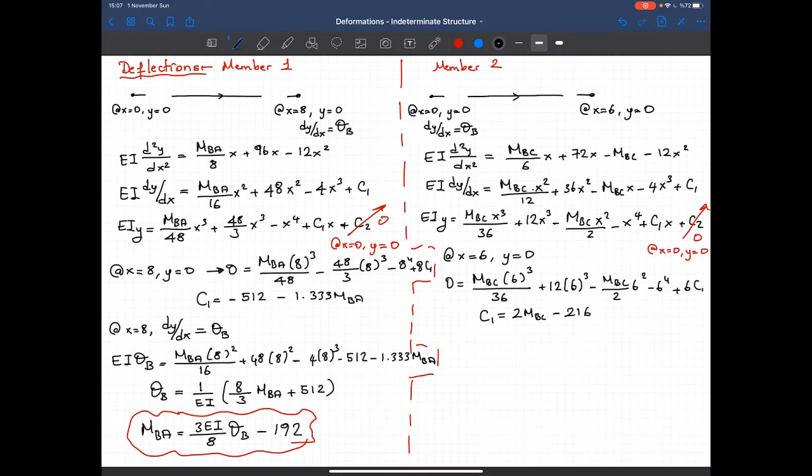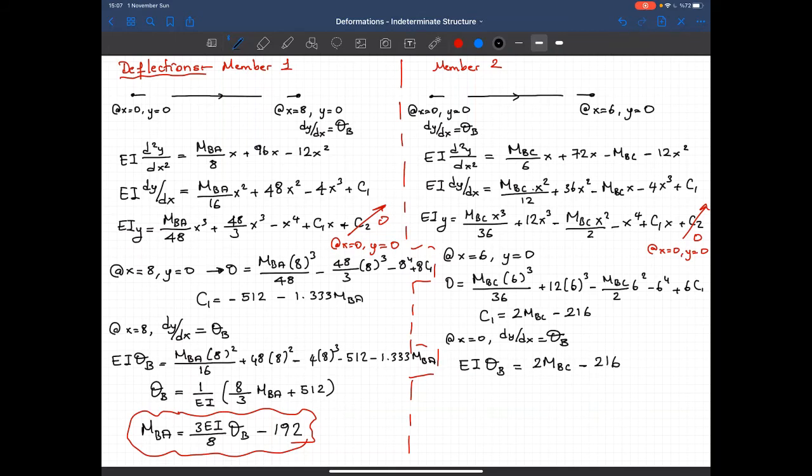Now again, I want to relate this boundary condition with the unknown moment. For that, I will use the following boundary condition. I say that at x is equal to 0, dy over dx is equal to theta B. And from that, I obtain EI theta B is equal to 2 M_BC minus 216.